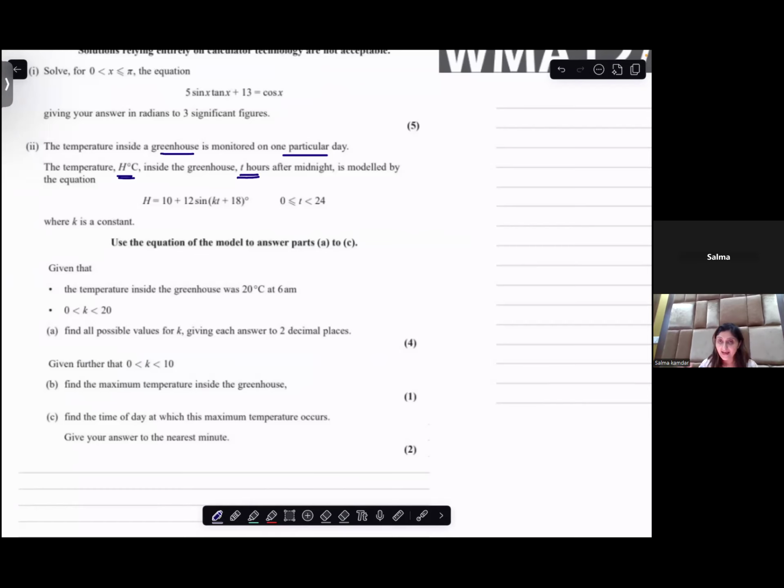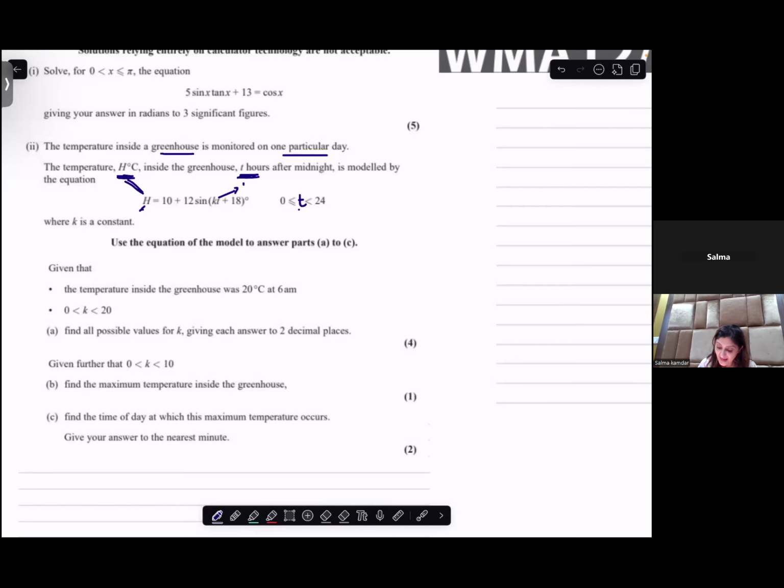So they are trying to find the temperature inside a greenhouse, and the temperature is H. This is the temperature that was monitored for T hours after midnight, and in a day there would be 24 hours. So that means T represents hours between 0 and 24, and the temperature is modeled by this equation.